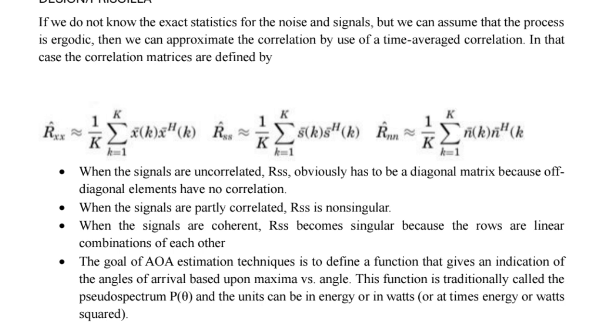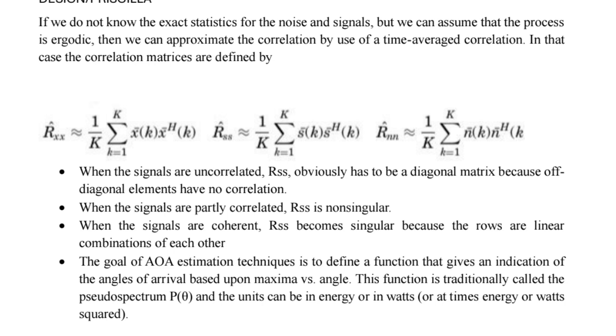In that case, the correlation matrices are defined by Rxx equal to 1 by K summation of k equal to 1 to K x of k x power of H of k. Similarly, Rss is 1 by K summation of k equal to 1 to K s of k s power of H of k. And similarly, the noise vector also.